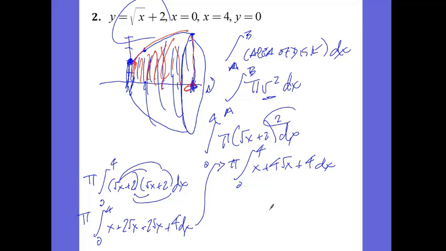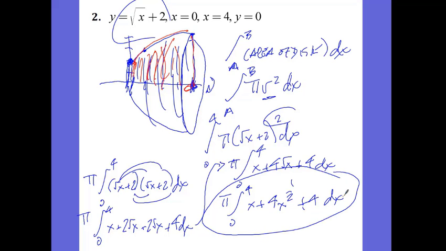Alrighty. Now, I want to rewrite root x as a rational exponent. It makes it easier for my calculus calculations, the mechanics involved. So this is what I'm going to be taking the antiderivative of. Okay? All right.